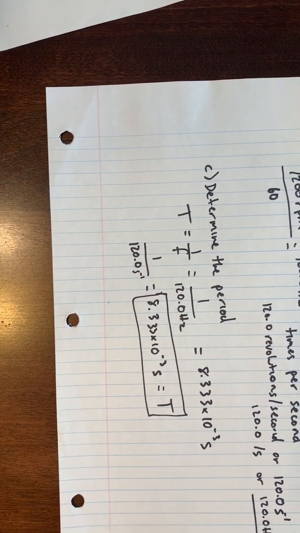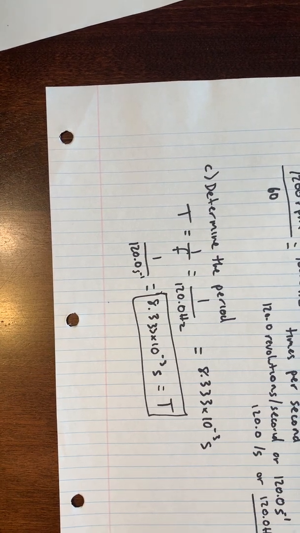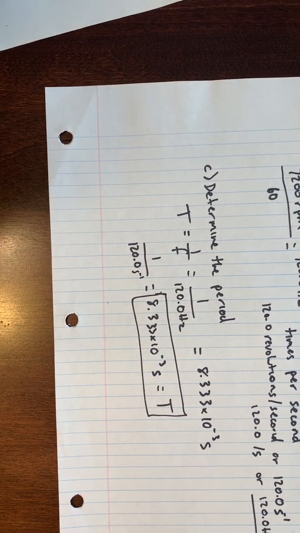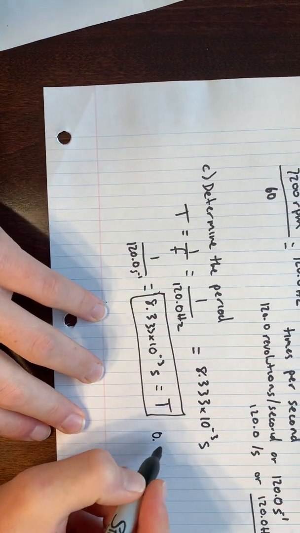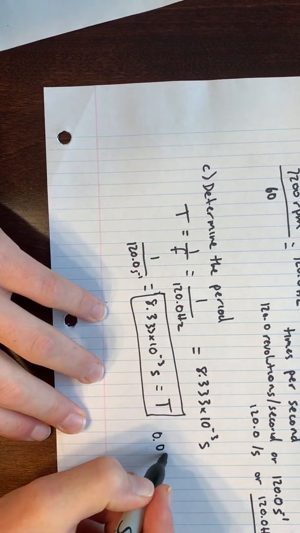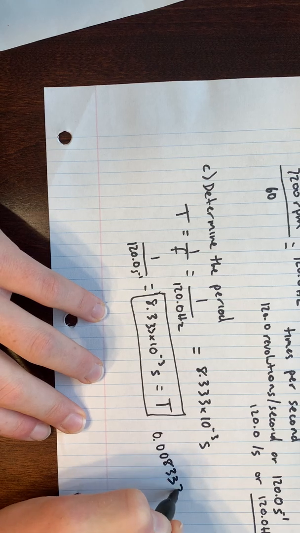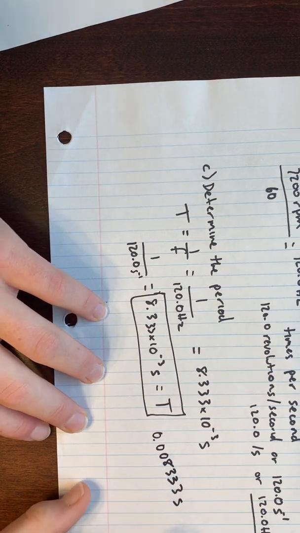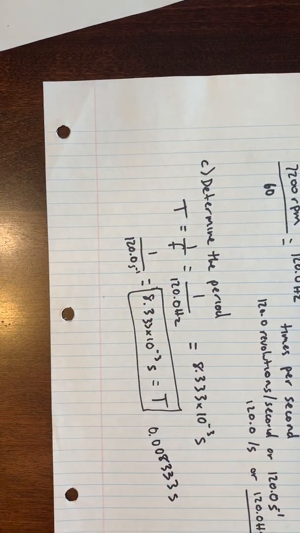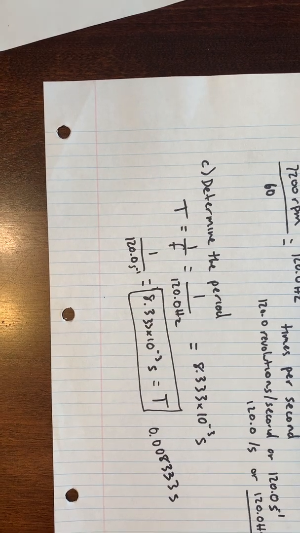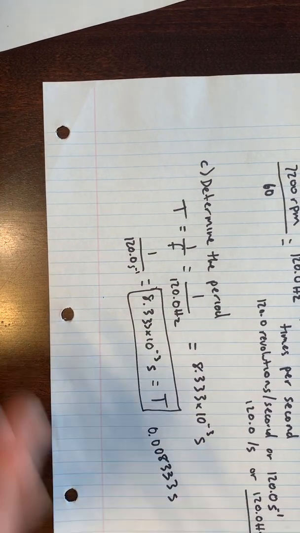Do you have to move it? No, you could leave it as 0.008333 seconds, because that will also give us an answer that has 4 significant digits, right? Cool, good questions.